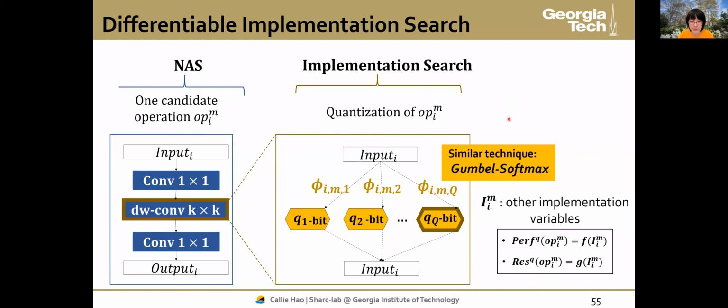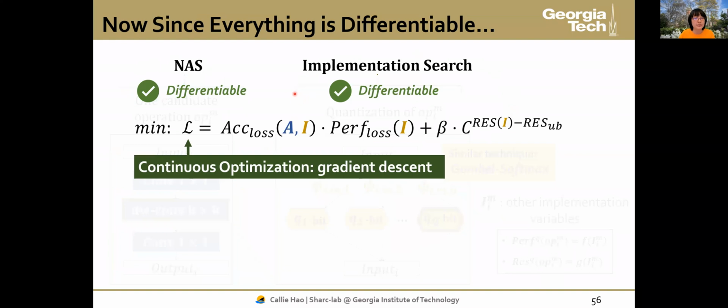Okay, so this is the big picture, that we use differentiable NAS and we use a similar technique for differentiable implementation search. So now, since everything is differentiable, we can use some very elegant continuous optimization. For example, we can use gradient descent to minimize this loss function. So this is how we achieve this true co-design, by formulating everything as differentiable.